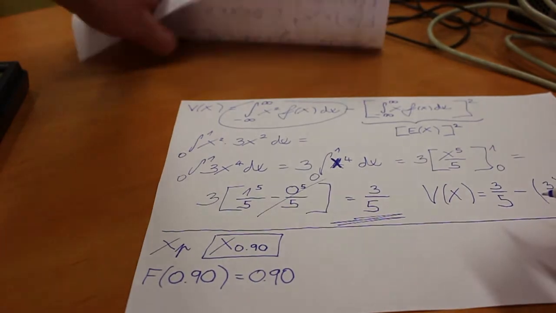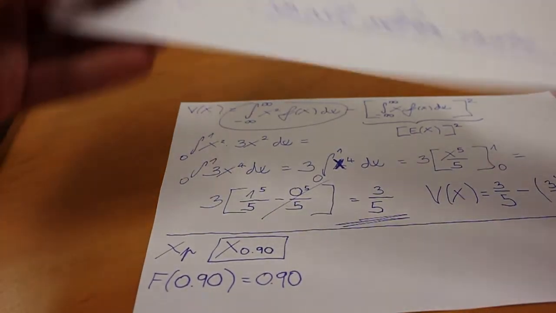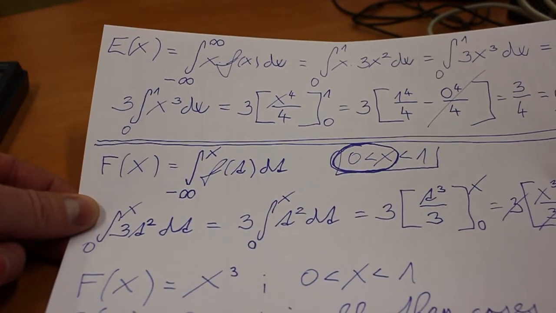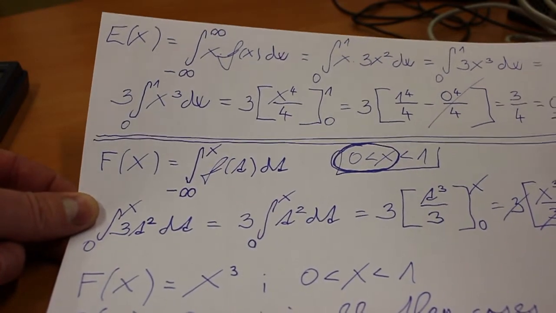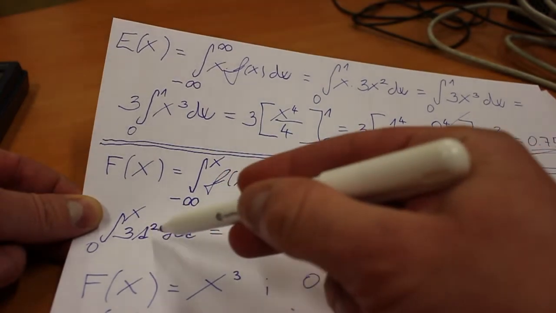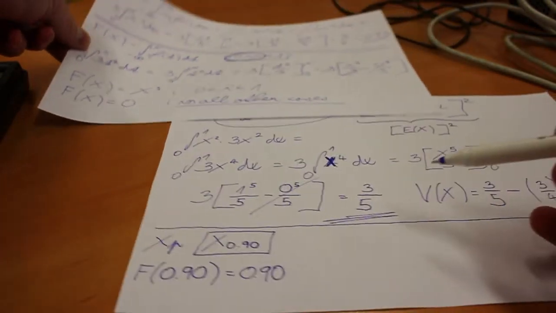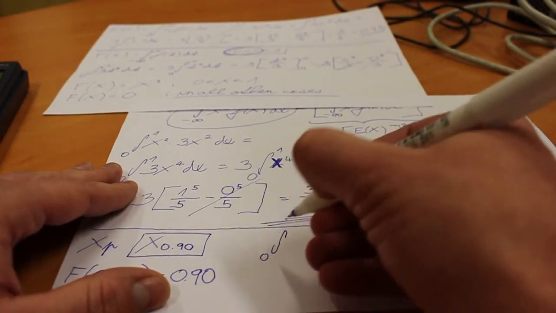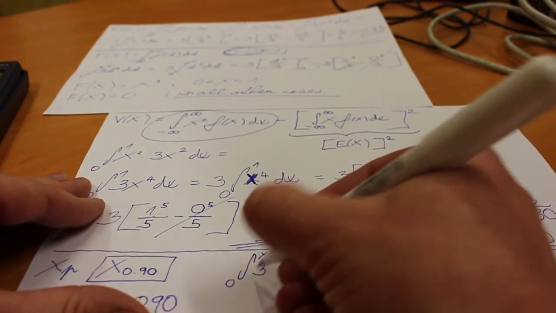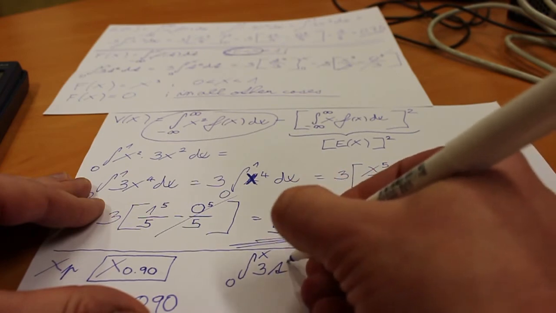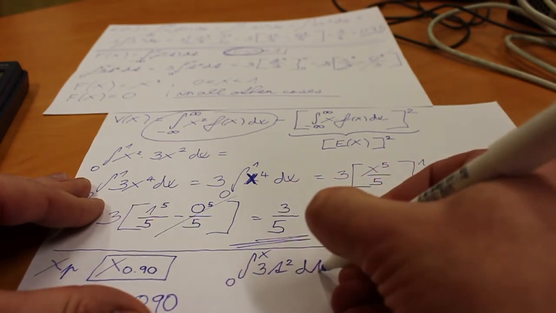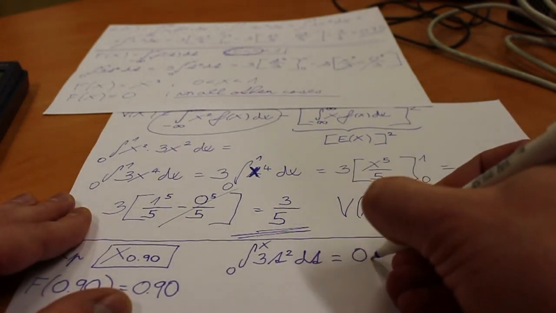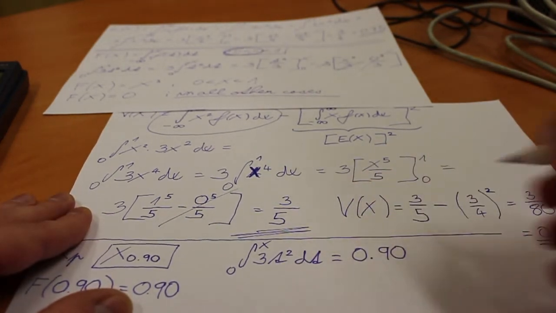And do you remember my distribution function here? I will use this 3t squared dt as the integral from 0 to x of 3t squared dt, and this will be equal to 0.90.